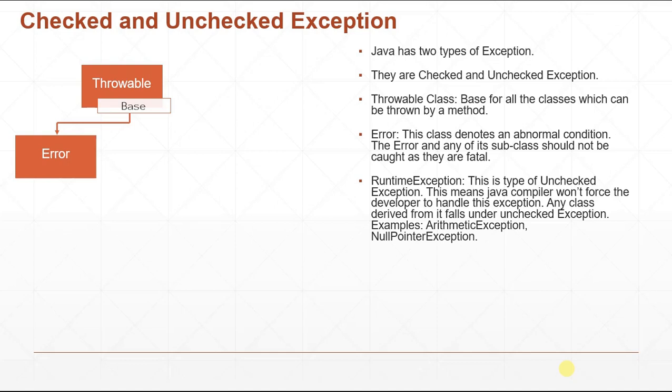So we know that almost in every method we may end up using an object, calling its method, or accessing its field. So it's not possible to handle all these objects with null pointer exception. So that's why Java doesn't keep this null pointer exception under checked category. So the null pointer exception goes under unchecked exception category.